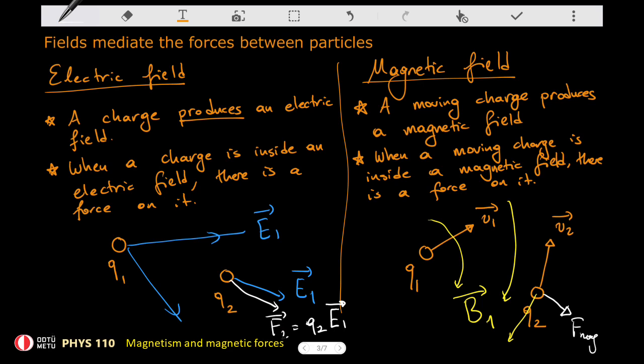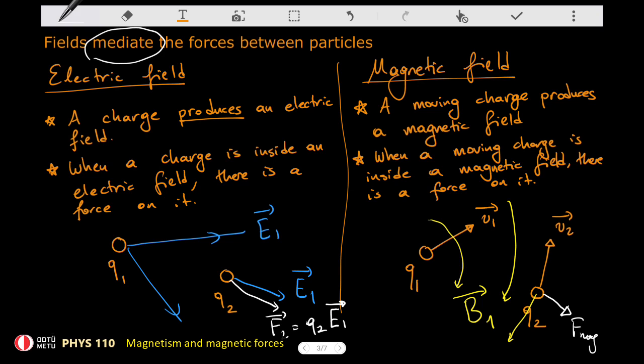Okay, so as a result, we are going to describe the interaction between two moving charges as a force which is mediated by the magnetic field, right? Essentially these two charges are not directly interacting with each other.